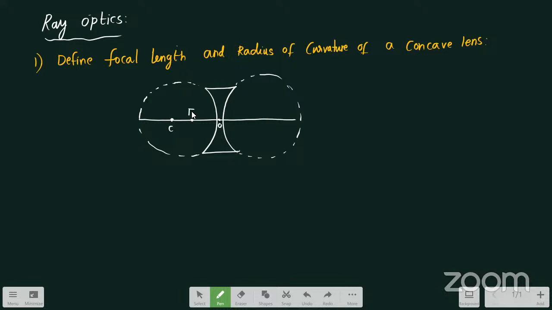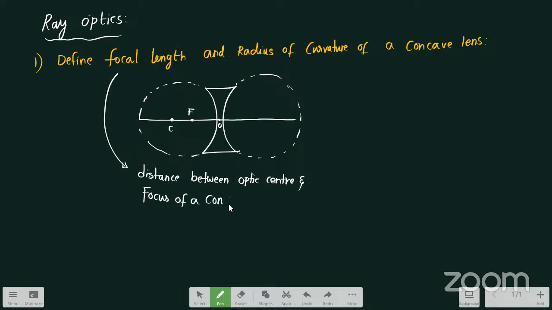There will be a focus. So you can define focal length as the distance between optic center and focus of a concave lens.